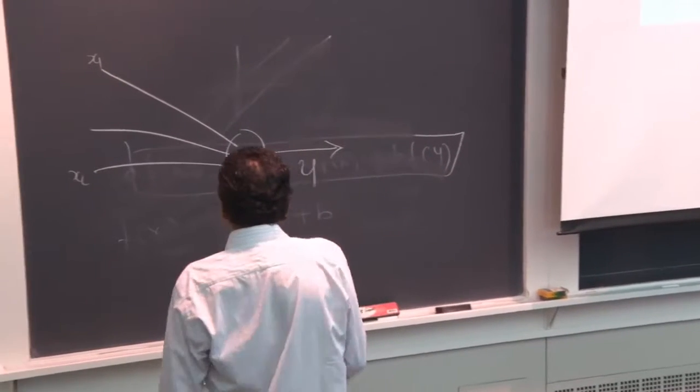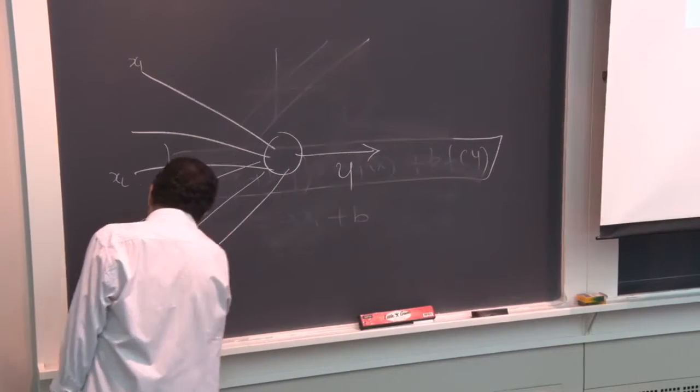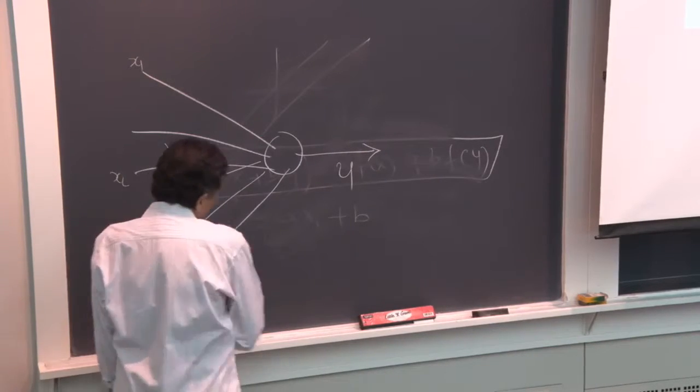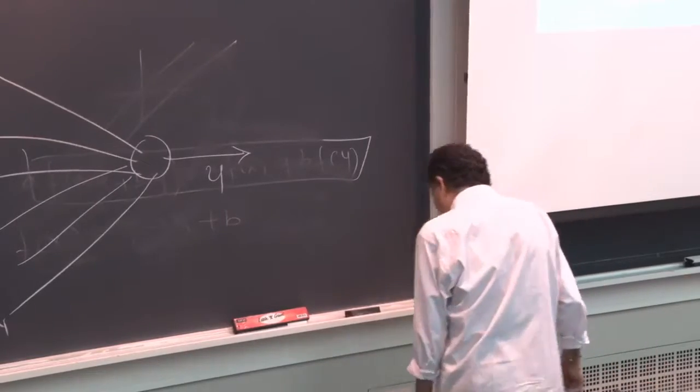And then I have the subsequent L plus 1 through n, and I want all of these to be 0.